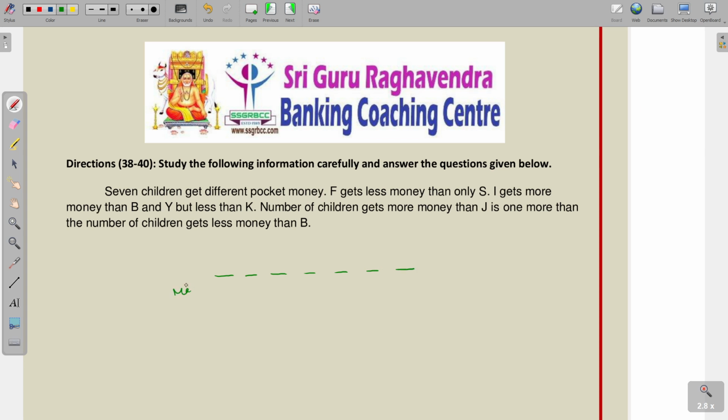So it is the minimum and it is the maximum amount. Okay. And next, F gets less money than only S. If I fix S here, F is coming here.